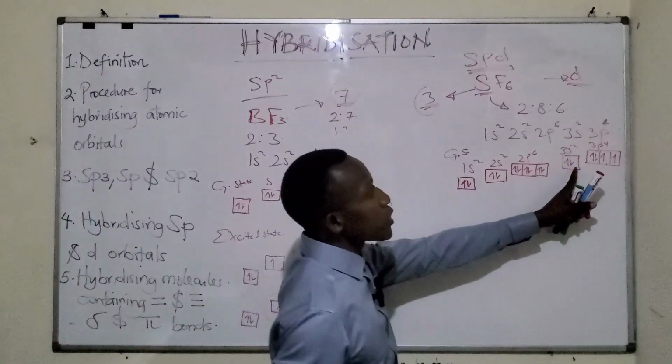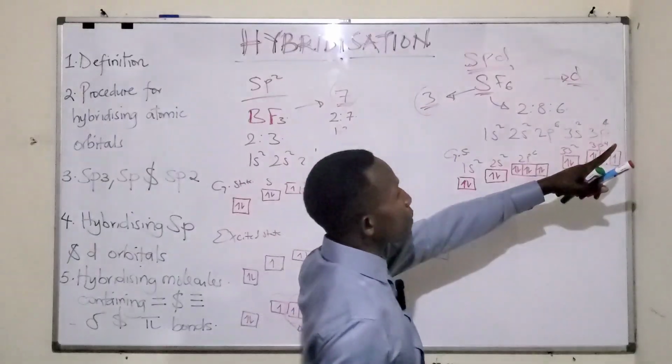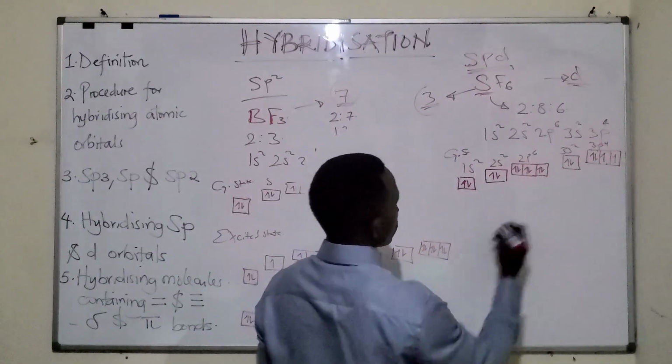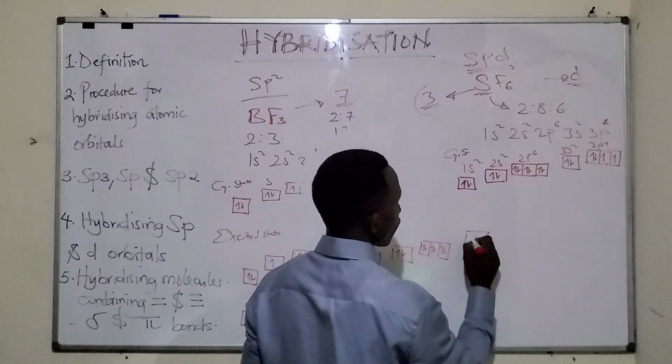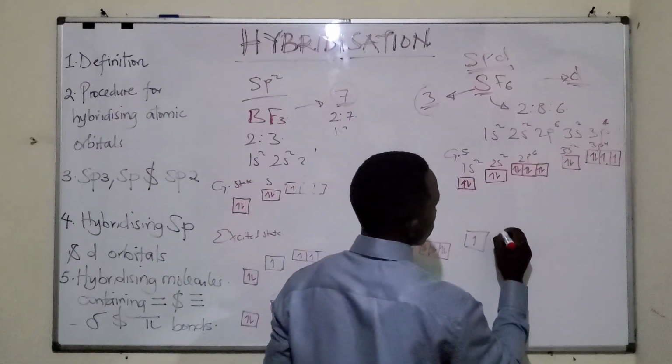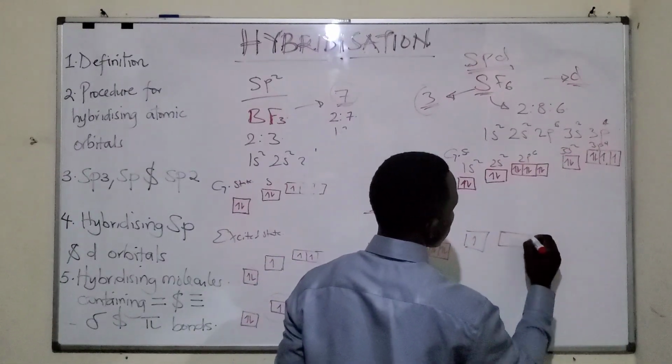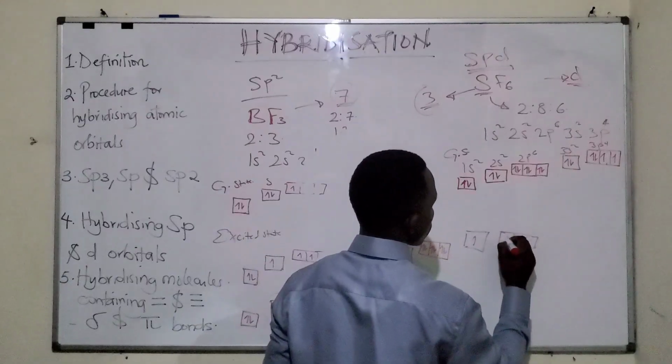Now, the option is to go to the d orbital. So we shall go to the d orbital. Here we shall have only 1. And these ones, they are 1, 1.